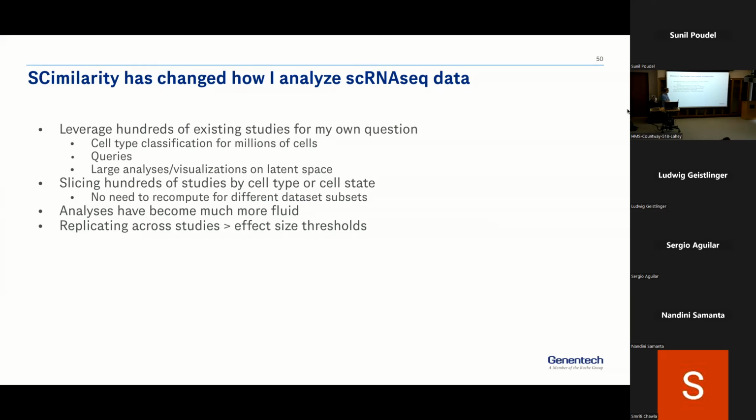It's still really cool to be able to connect these data sets and pull information out of them. And so that leads to the cell type classification for millions of cells. We can do these queries, and we can do these really large visualizations across these data sets.